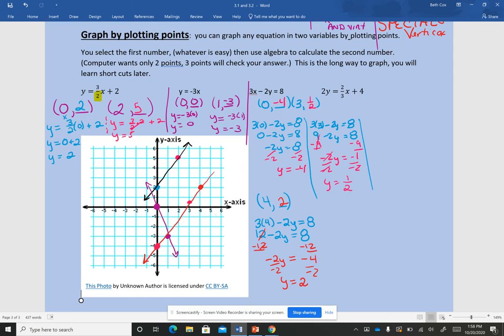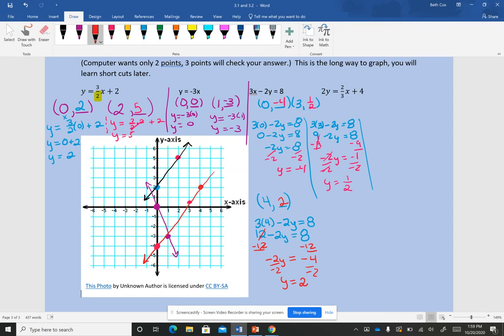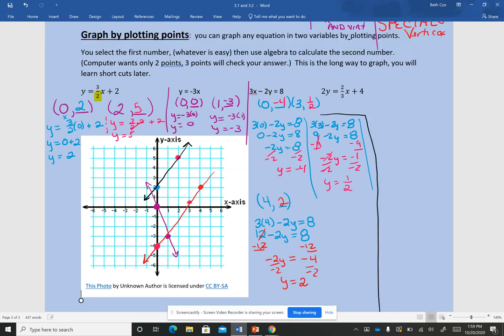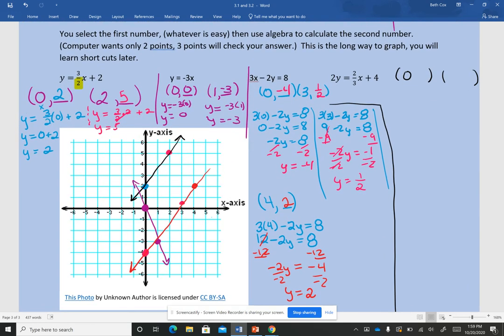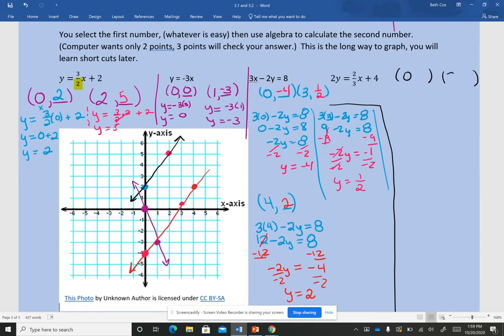All right. Next, we have 2y equals 2/3 x plus 4, excuse me. All right, again, I'm going to pick my numbers. I'm going to pick 0 for x, again, because 0 works well with that fraction. And again, I need a number that's going to work well with that fraction. So I think I'm going to pick 3.